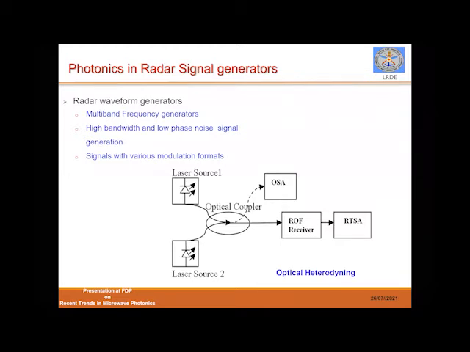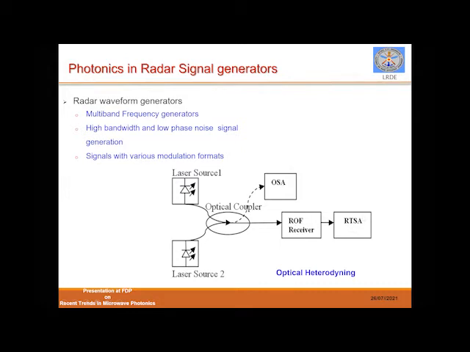So this is how we can generate an RF signal directly. This particular slide shows the optical heterodyning method, in which we can beat two laser outputs. The two laser outputs are power combined and passed through a photodetector, PD, or an RF over fiber receiver.